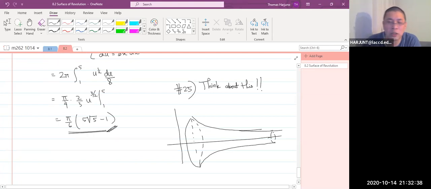You will see that the surface area is divergent, but the volume inside that Gabriel's horn is convergent.